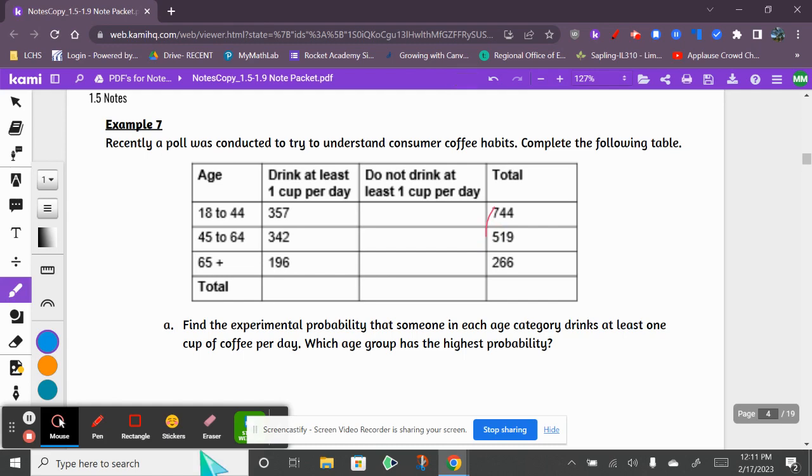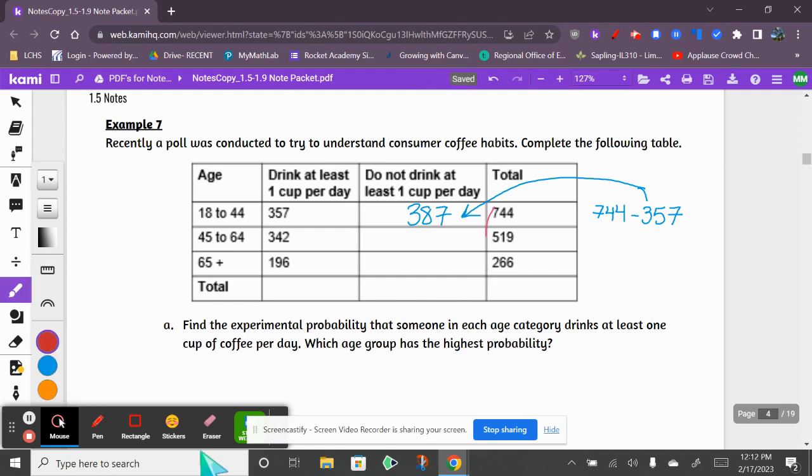So in order to find these values, we know the total of that age group, so I can just subtract how many do drink at least 1 cup of coffee per day. So for that value, it would be 744 minus 357 to give us the 387.